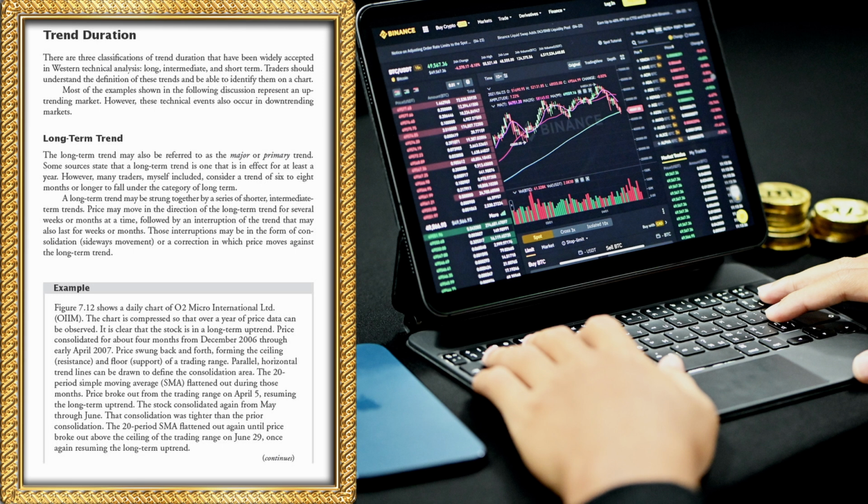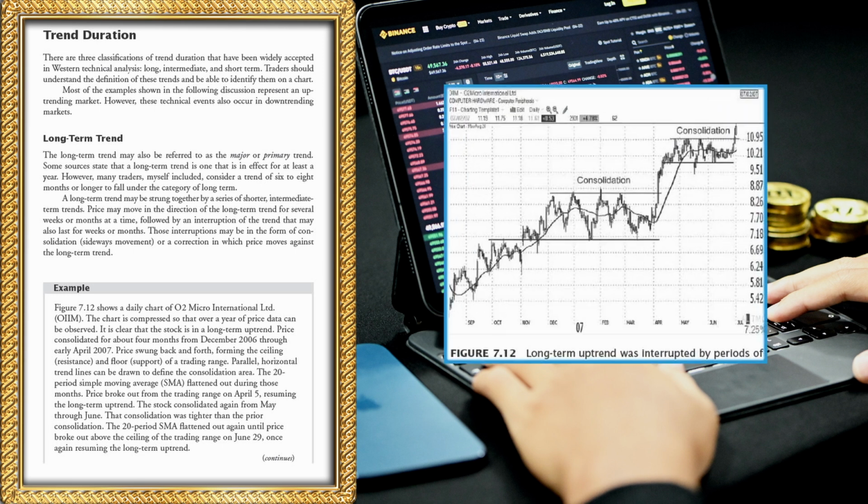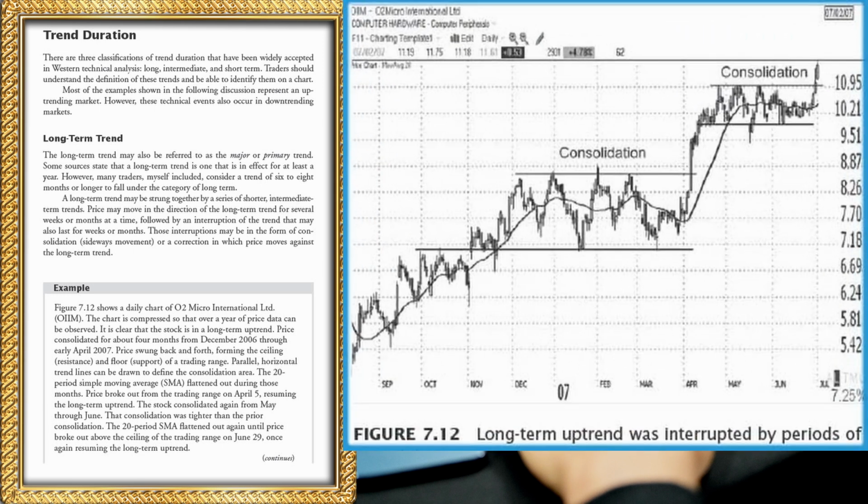Price may move in the direction of the long-term trend for several weeks or months at a time, followed by an interruption of the trend that may also last for weeks or months. Those interruptions may be in the form of consolidation, sideways movement, or a correction in which price moves against the long-term trend.